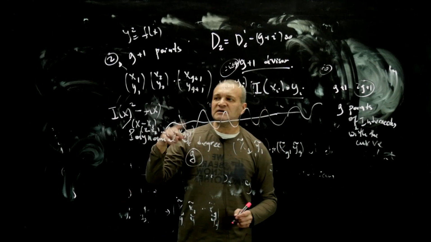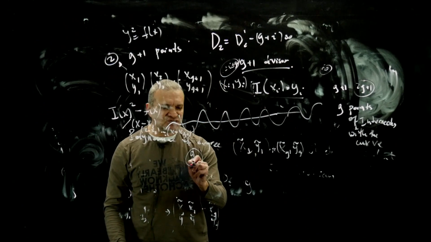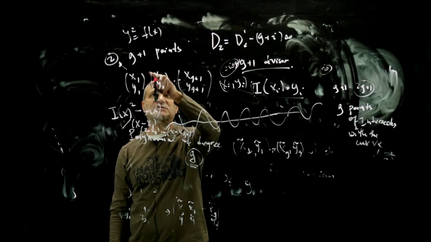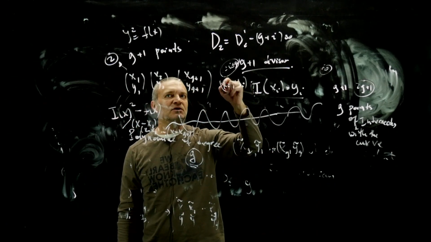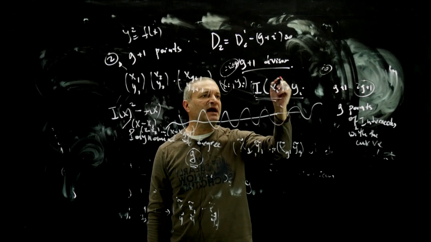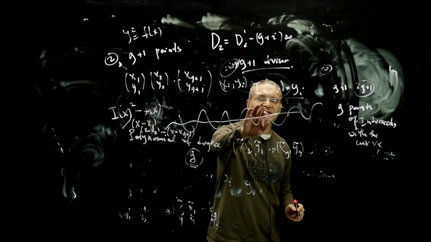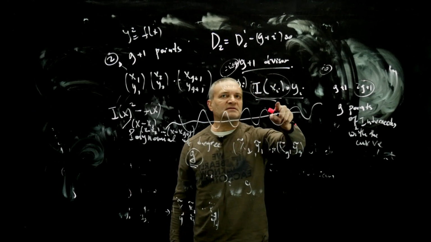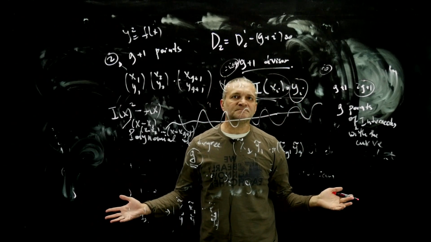Now, when you take these g additional roots and substitute them inside this, you're going to get exactly the new yi's. That's it.